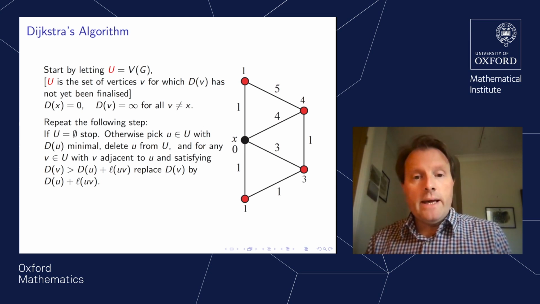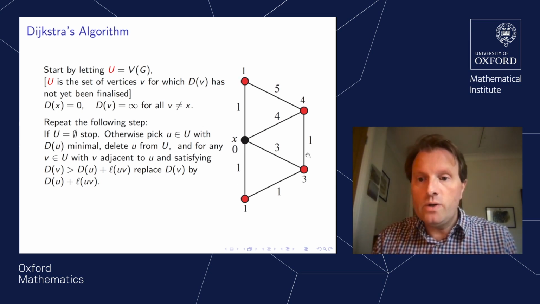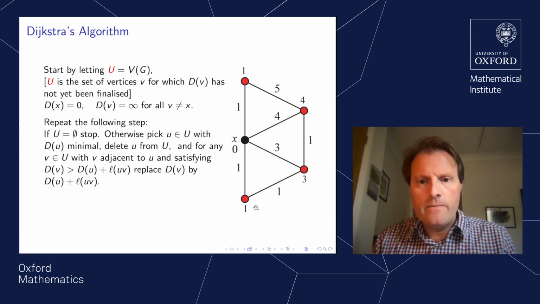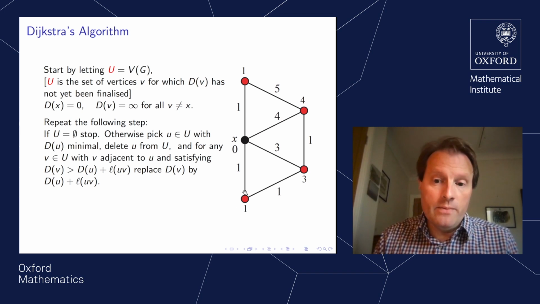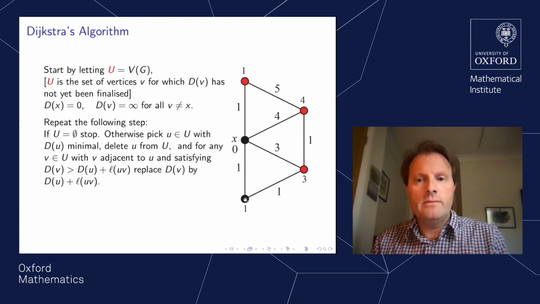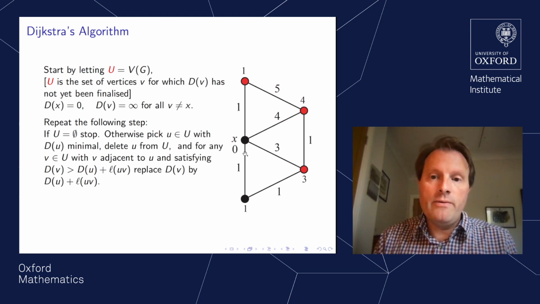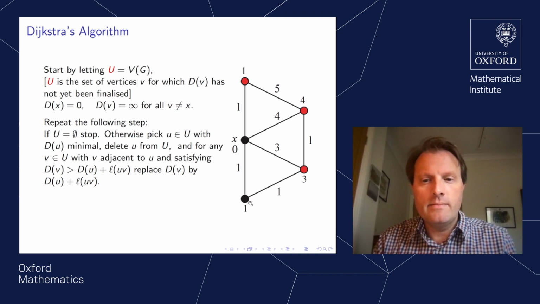Now we have to pick a vertex in U, in other words, one of these red vertices, with minimal d value. There are two of them. There's this one down the bottom and there's this one on the top. Let's pick the one on the bottom. So we finalize its d value. That means we remove it from the set U, so that vertex is no longer red.